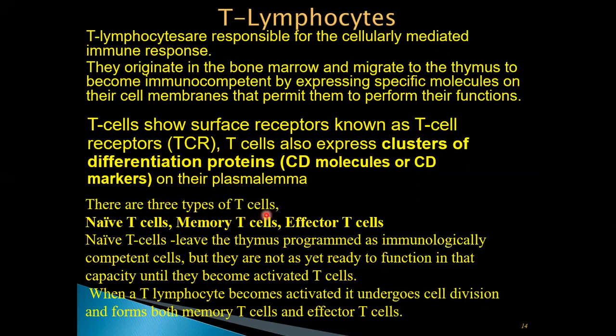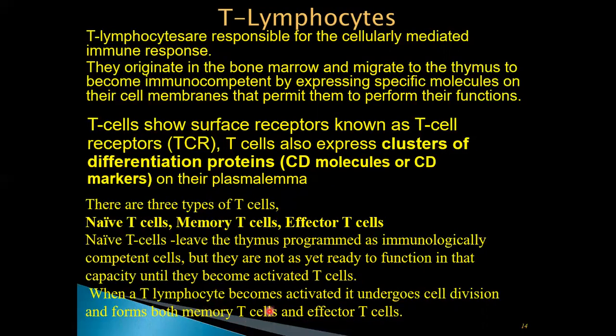There are 3 types of T cells: naive T cells, just like B cells; memory T cells, just like memory B cells; and effector T cells, just like effector B cells. Naive T cells leave the thymus programmed as immunologically competent, but they are not yet ready to function. To become ready to function, they need to be activated. When they become activated, they undergo cell division and form memory cells and effector cells.